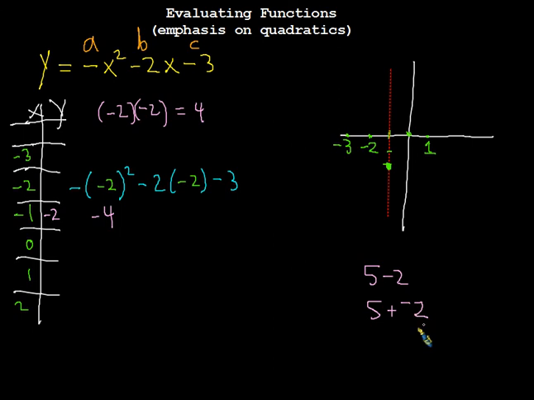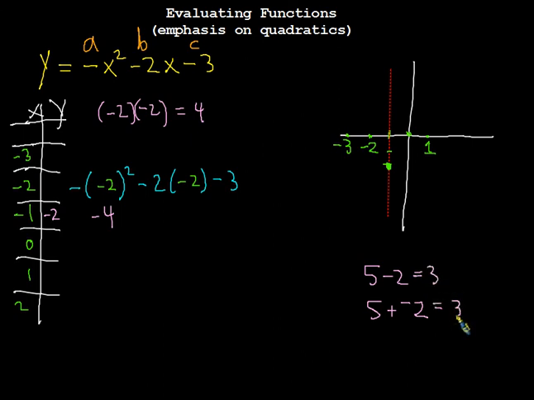What I'm doing here is using something called the subtraction rule. Subtraction is exactly the same as adding the opposite. Here I'm subtracting a positive 2, and so I can change that into adding a negative 2, the opposite of a positive 2. Here I get 3, and here I also get 3, so it works.